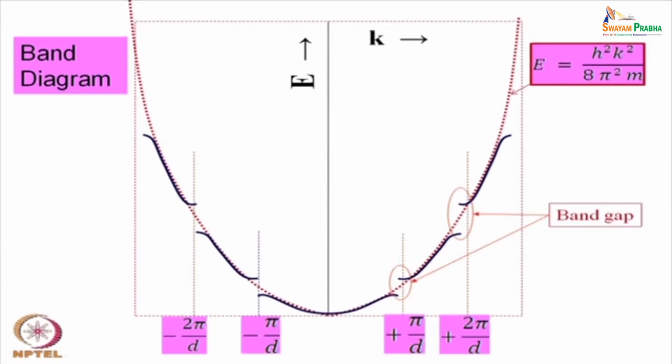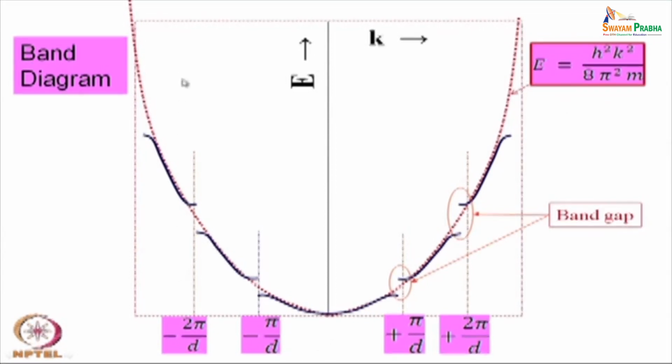The surfaces are quite complex and not a plane surface at all. So this is our original expression of the free electron model, E equal to h square k square by 8 pi square m, on which it has been superimposed.